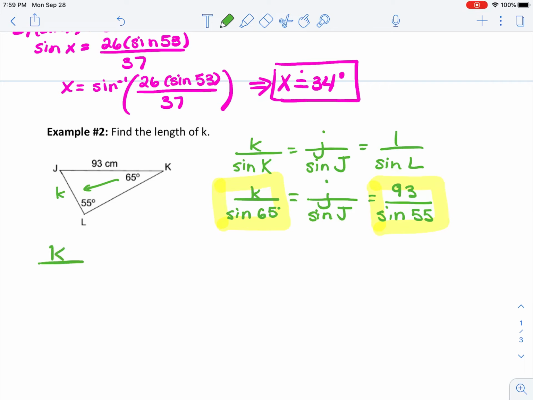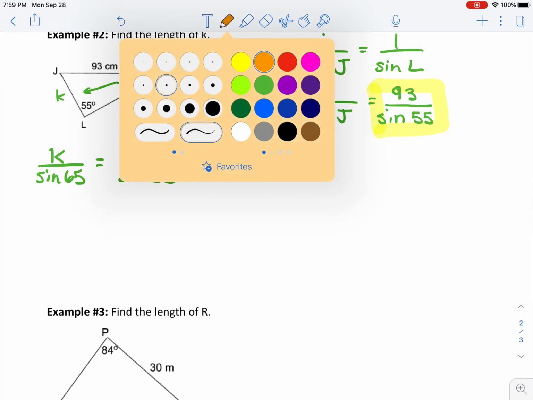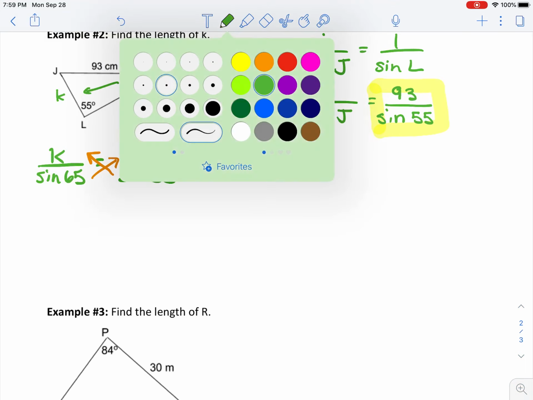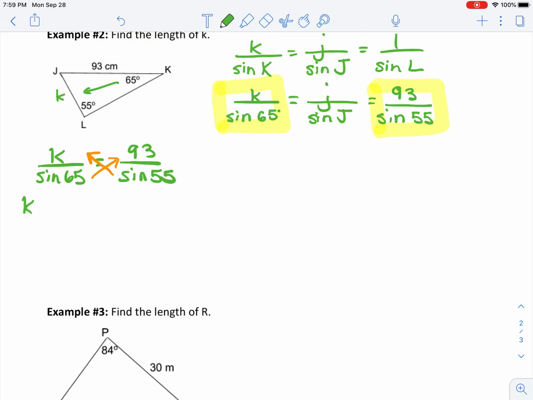So I'm just going to rewrite it out, and you don't have to rewrite it out if you don't want to, but I'm going to rewrite it out so we can see exactly what we're going to cross multiply. Bottom to top, bottom to top. k times sine 55 is 93 times sine 65.